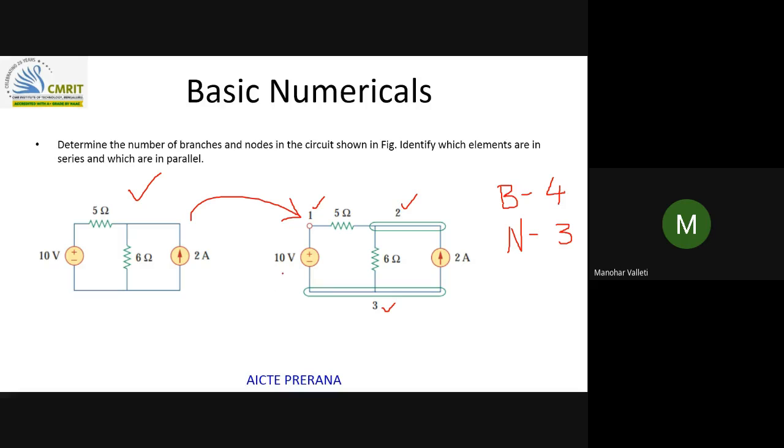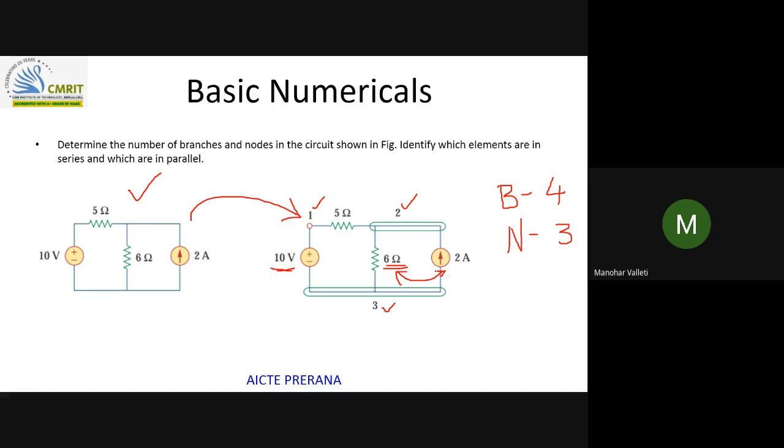And just tell me, which one is parallel here? 10 volts and 6 ohm. These two are series or parallel, or else 6 ohm and 2 ohm? Parallel, sir. Yeah, parallel.